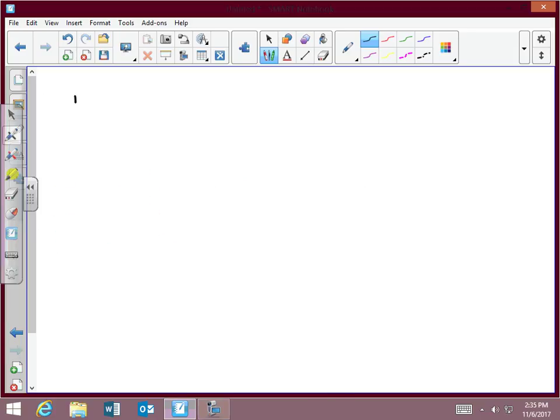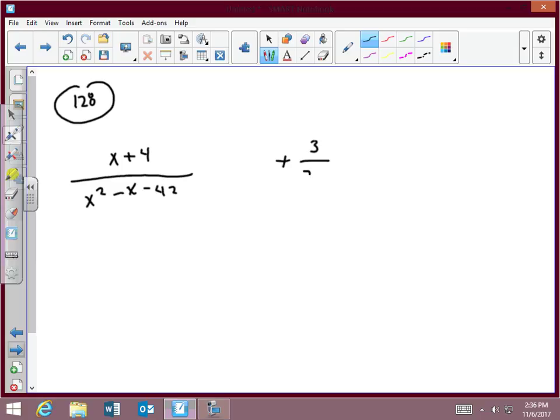Let's look at 128. It says x plus 4 over x squared minus x minus 42, then it's plus 3 over 7 minus x.